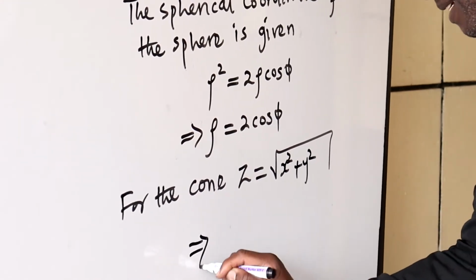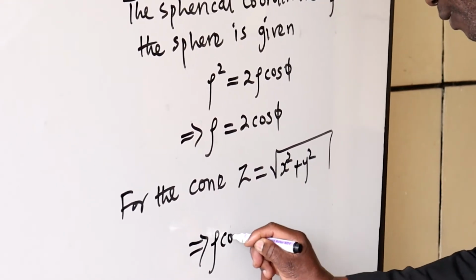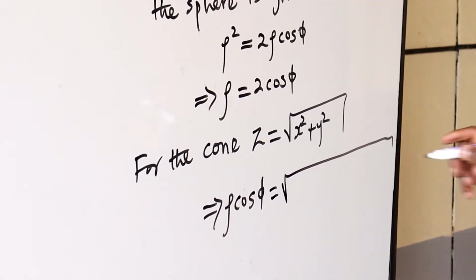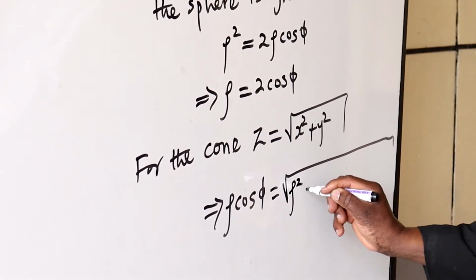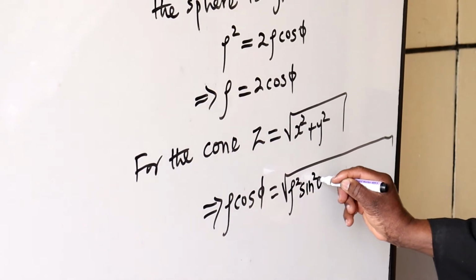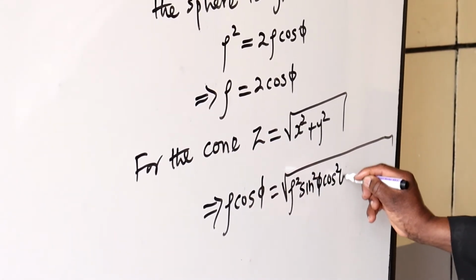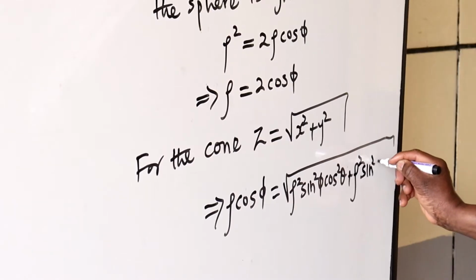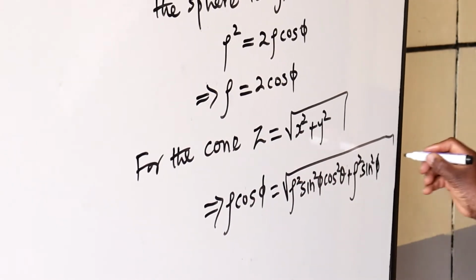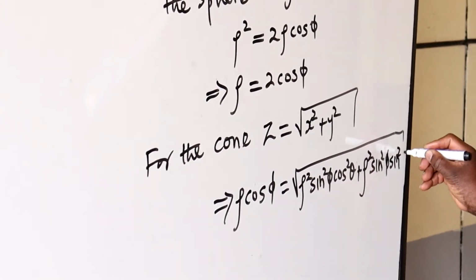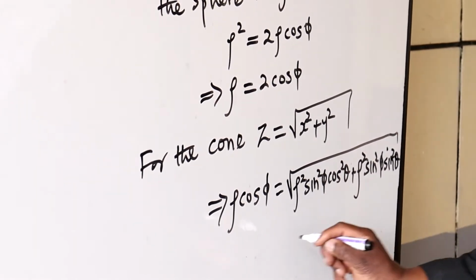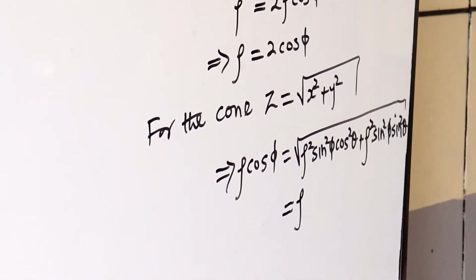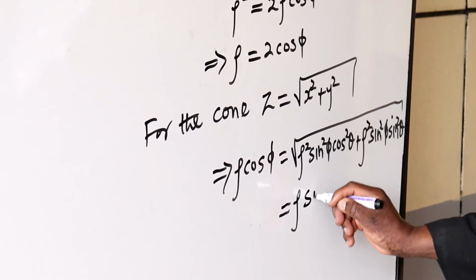This implies rho cos phi is equal to root of rho squared sine squared phi cos squared theta plus rho squared sine squared phi sine squared theta, which will just give us rho sine phi.